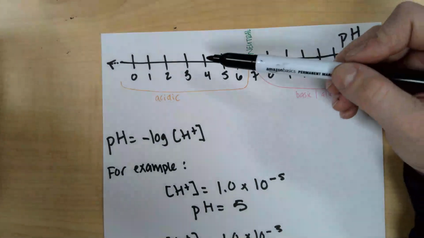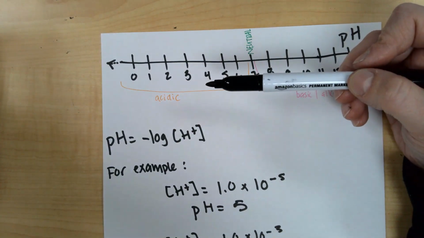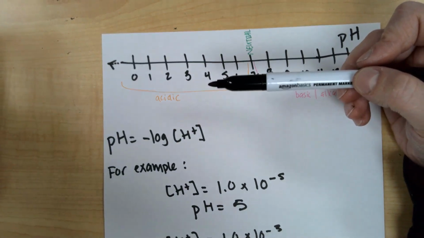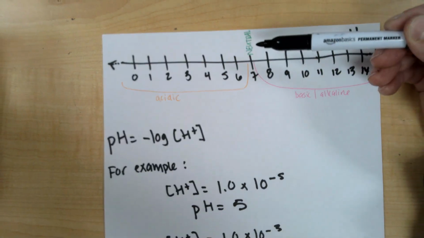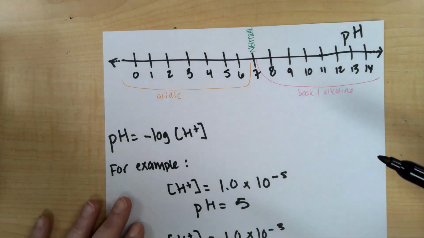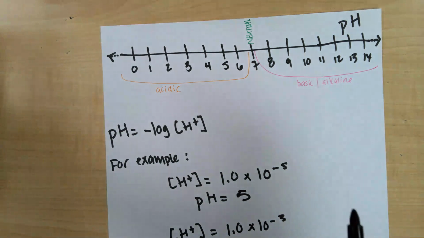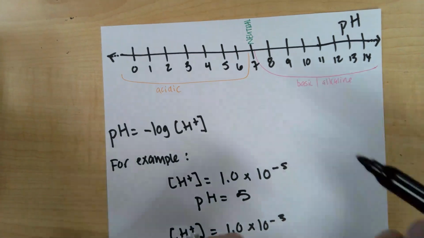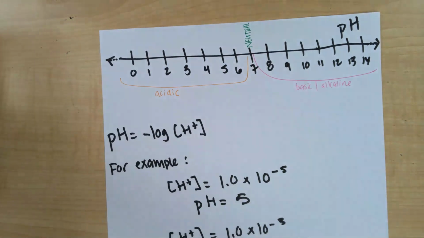So if we end up with more hydronium present in a solution, we know there must be an acid present, because that's more hydronium than what the natural water is producing. That's why 7 is considered the neutrality point on the scale, because it's based off of water, and at 7 the OH- and the H3O+ concentrations are equal. So if we have more H3O+, we're acidic. If we have more OH-, we're going to be basic here on this line.